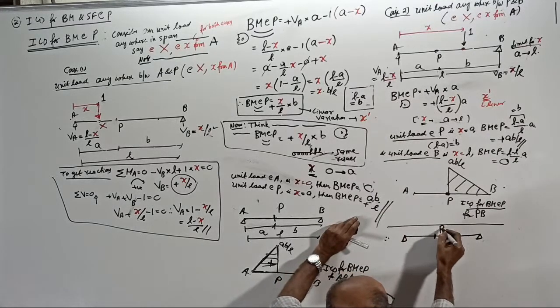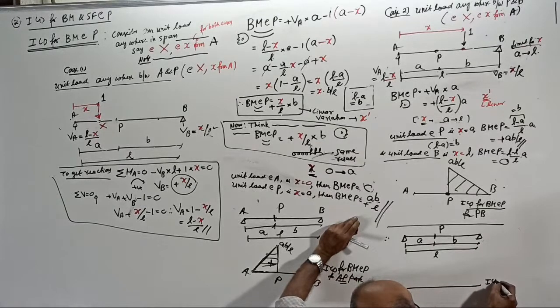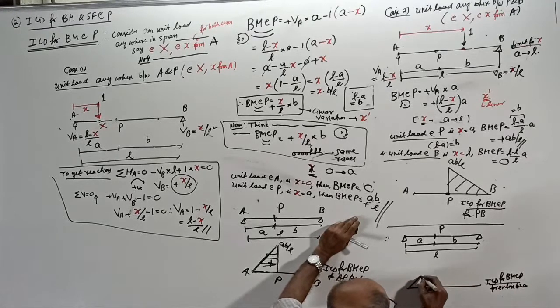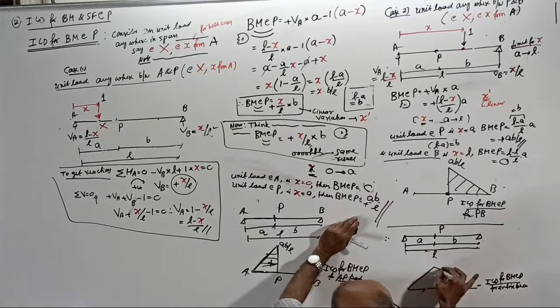If this is the point P, if this is A, if this is B, if the span is L, your ILD for bending moment at P for the entire beam will be, this is L, because I am letting small because next class I am giving full explanation. Don't worry. Next class I am explaining fully all the concept. It is this way and this way.